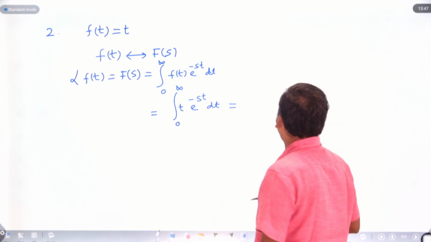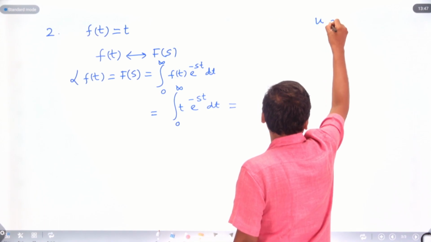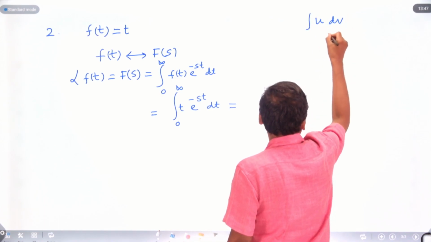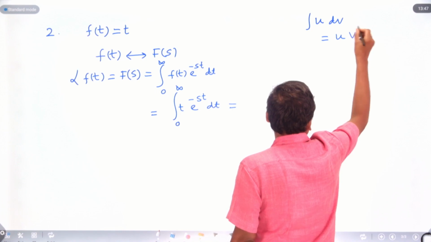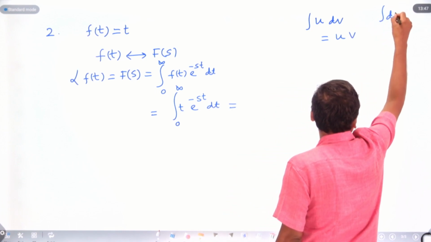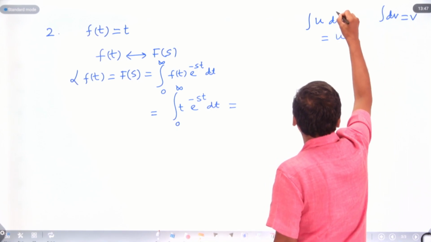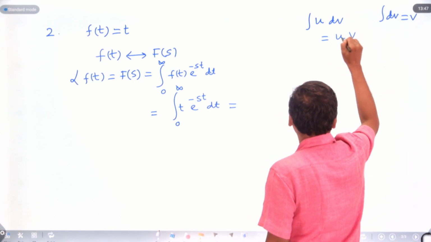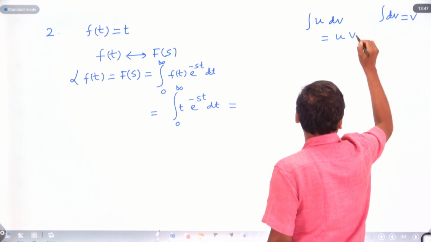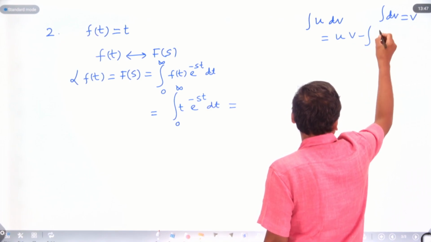So the integral of u dv is nothing but u into v, where the integration of dv is v, that is the second function, and u is the first function. First function into integration of second v, minus integration of second function.